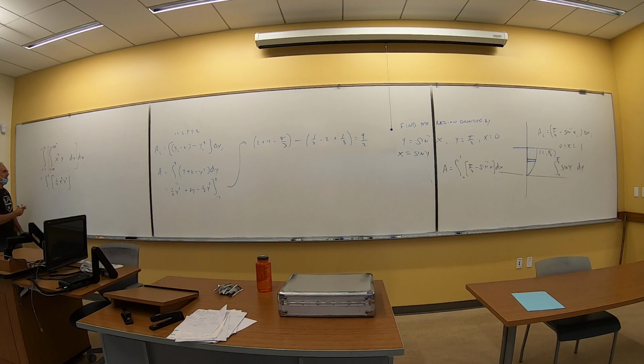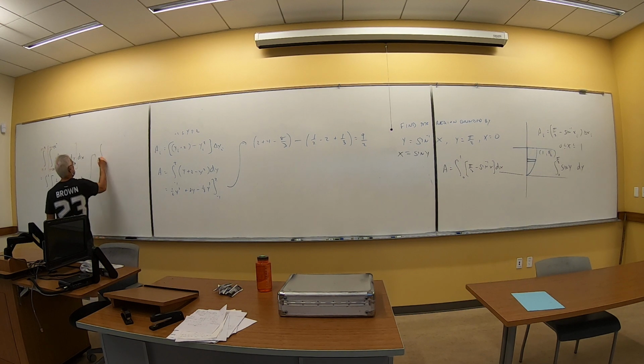Now, from 2x to 4x squared, and then still dx. This is my integrand. When all of this is done, this will be purely a function of x. What do I do with those? What do I do with these guys? Where do they go? They go into the y.